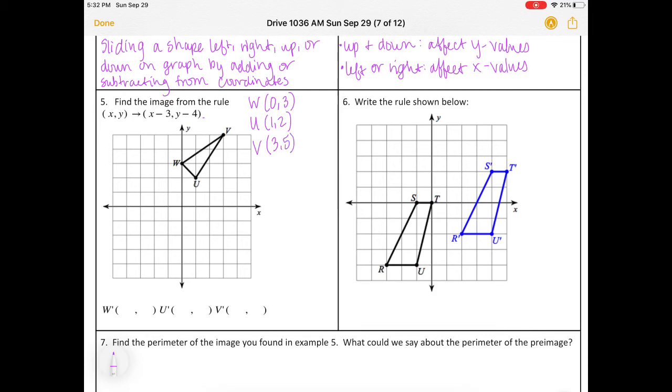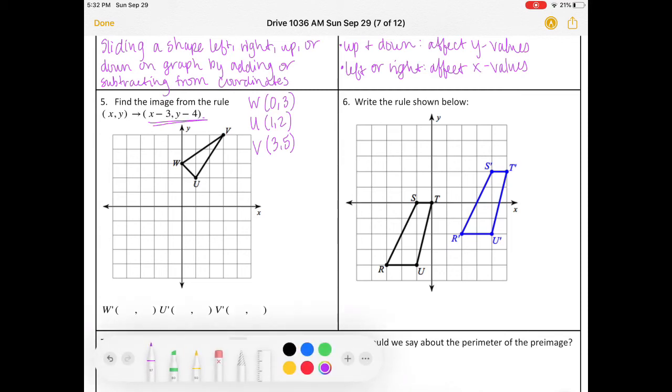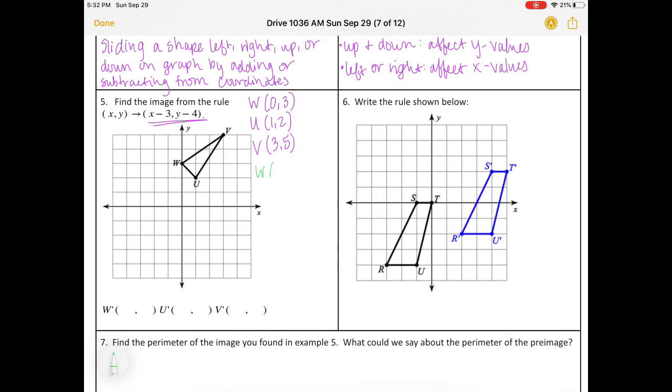Okay? So now I look at my rule. So this tells me what to do to each coordinate. So I'm going to do W a little more in depth than the next two, just to really show you. So if W is 0, 3, that tells us I take my X value, which is 0, and I minus 3 from it. And then the Y value is 3, and I'm going to minus 4, it says.